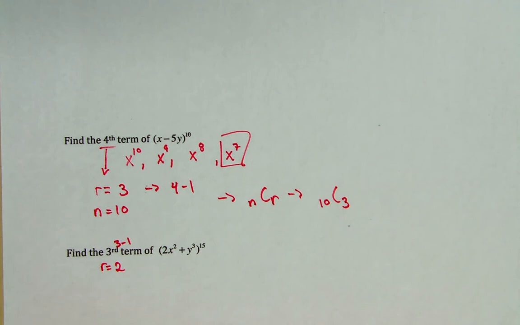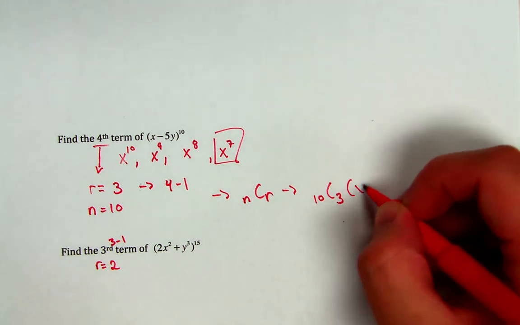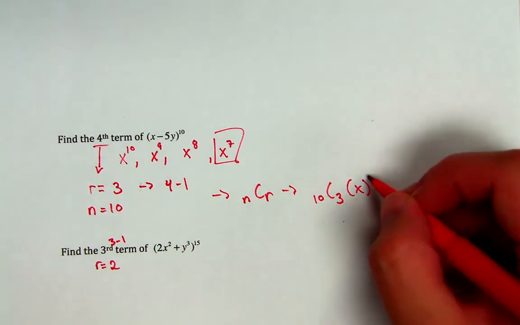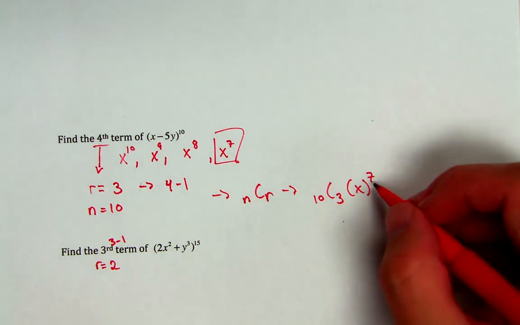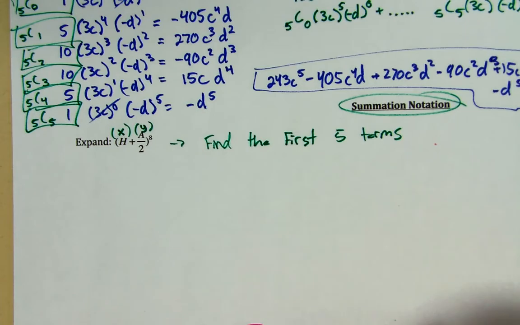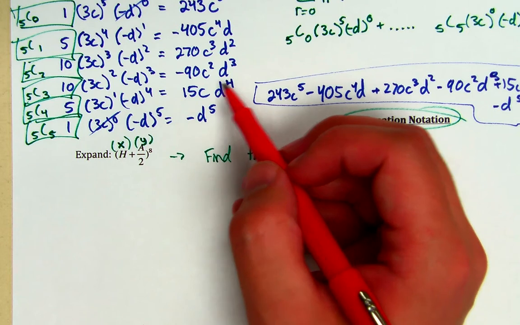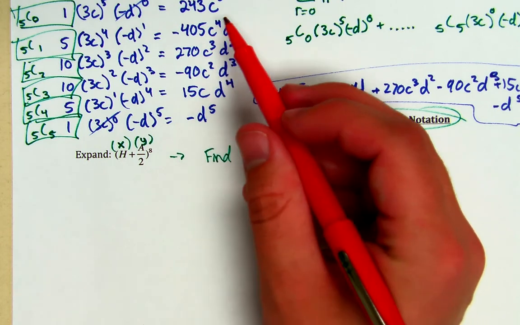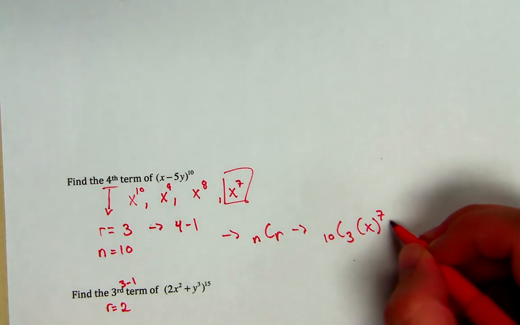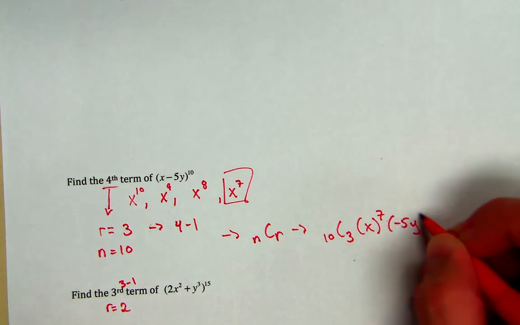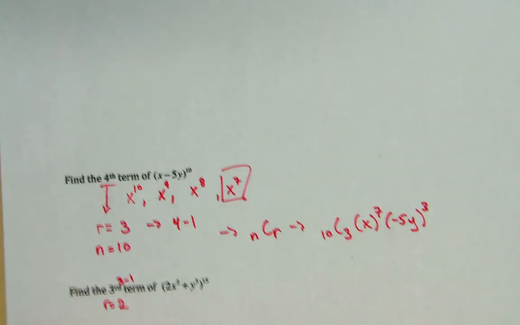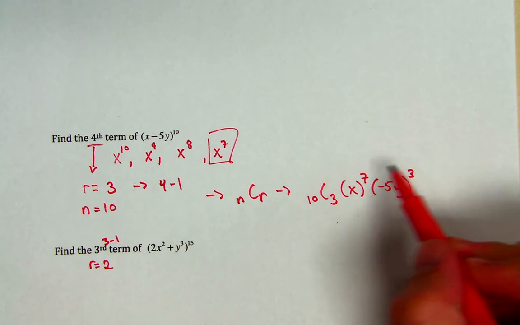That's the coefficient. Now I need x. I just said that's the 7th power. Notice how these powers always add up. 5, 5, 5, 5. So I know I need negative 5y to the 3rd power, because these need to add to get you to 10.